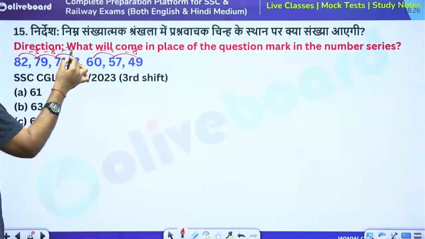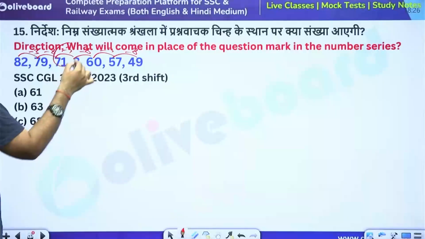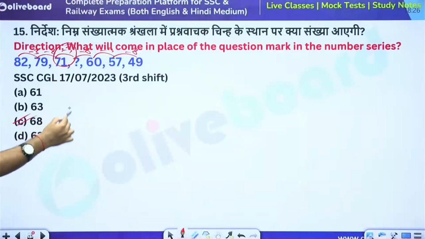Same repeat pattern, -3, -8. 71 -3 will be 68. So option C is the correct answer.